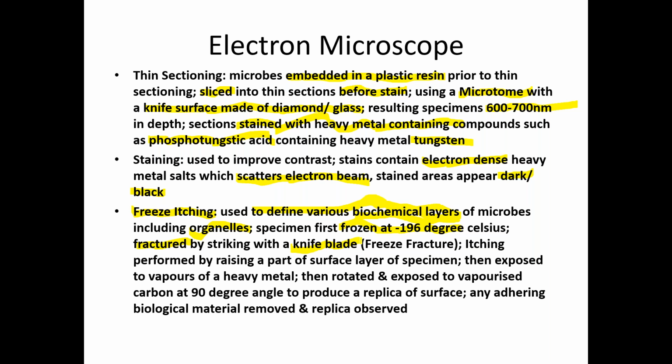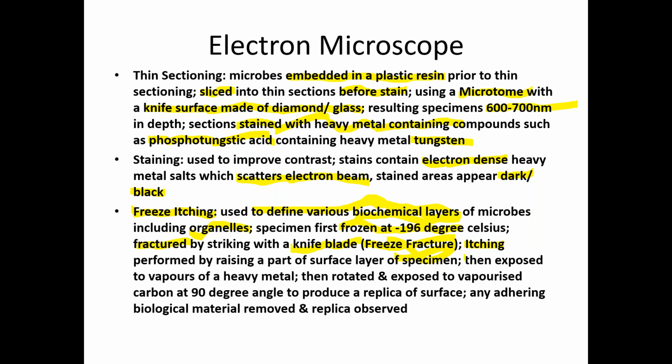Similar to the thin sectioning, we will convert the specimen into various sections or portions by striking with a knife blade, and this process is called freeze fracture. It is a phenomenon included in freeze etching: fracturing of the specimen by striking with a knife blade. After that, etching. Etching means something like fixing.